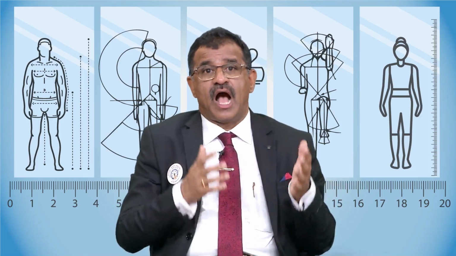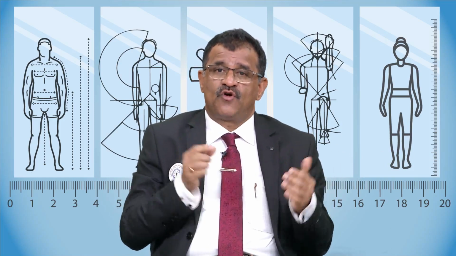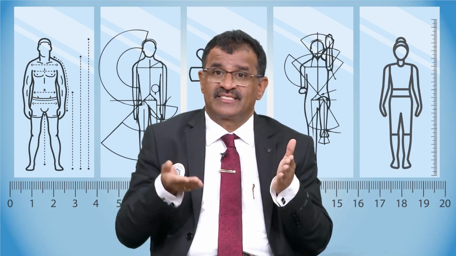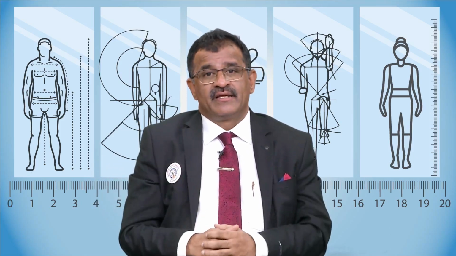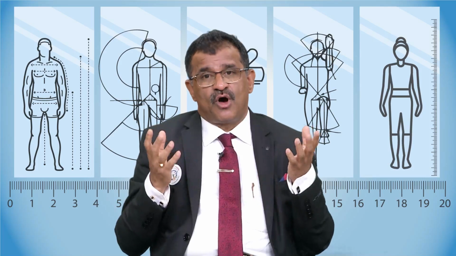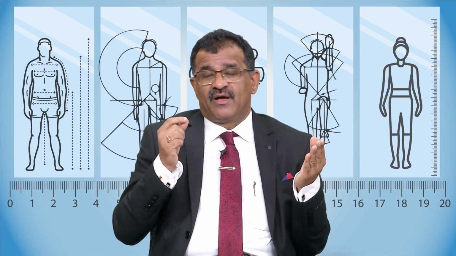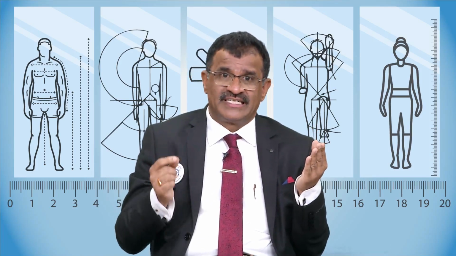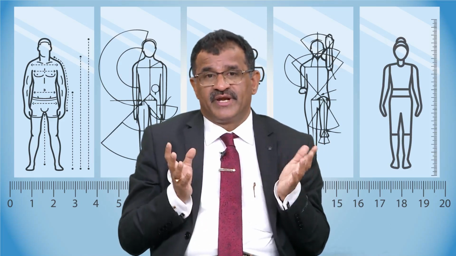Now, let us see how anthropometric data are used for individuals. Anthropometry is commonly used to assess the growth pattern and nutritional status of individuals to identify whether the person is at risk or malnourished, so that appropriate medical treatment and remedies can be given.